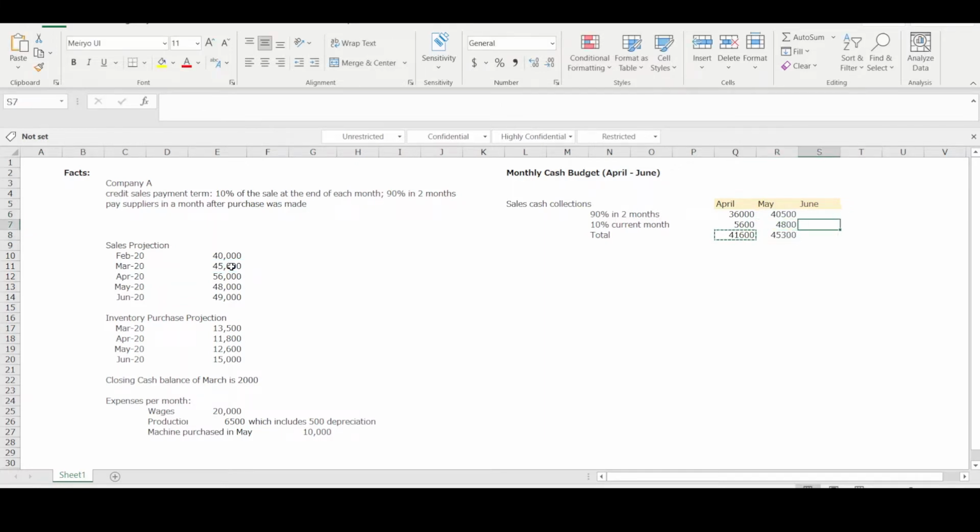And then for June, we do the same. 10% of June's sales, which is 49,000, and then 90% of April's sales, which is 56,000. And then this is the total.